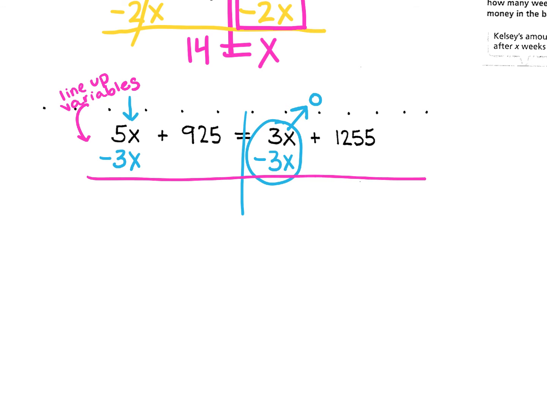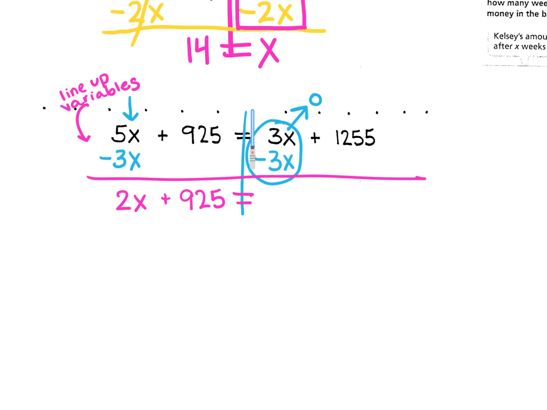So I lined up the x's, so they're right here in a line. That's going to help me when I take 5x minus 3x, that's going to give me 2x. I still have my plus 925. I'm going to keep my equal sign.